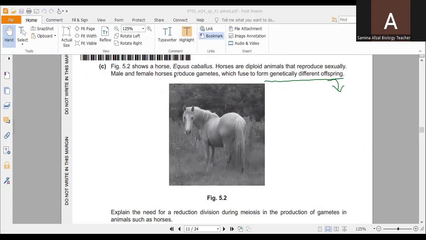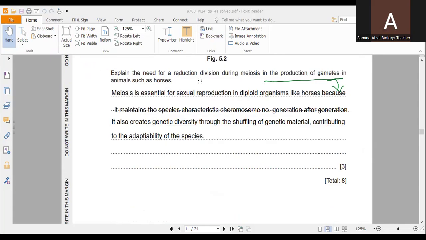The question is: explain the need for a reduction division during meiosis in the production of gametes in animals such as horses. In all types of organisms, it is compulsory that there should be reduction division in gamete cells, because every species has a specific chromosome number.